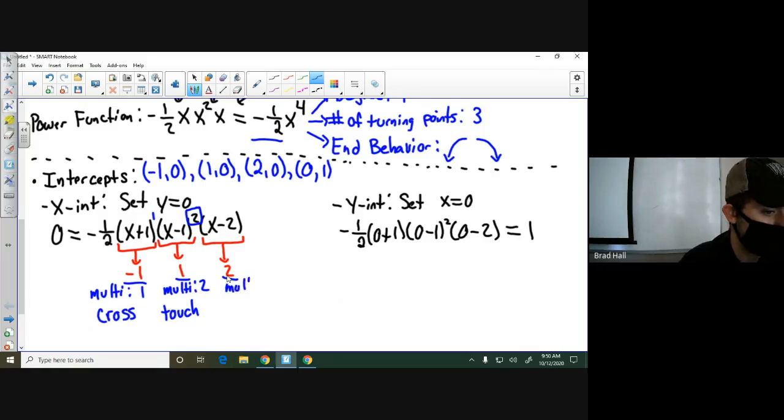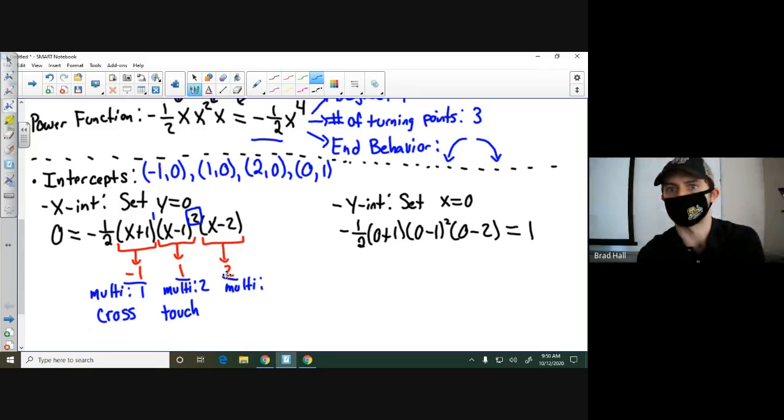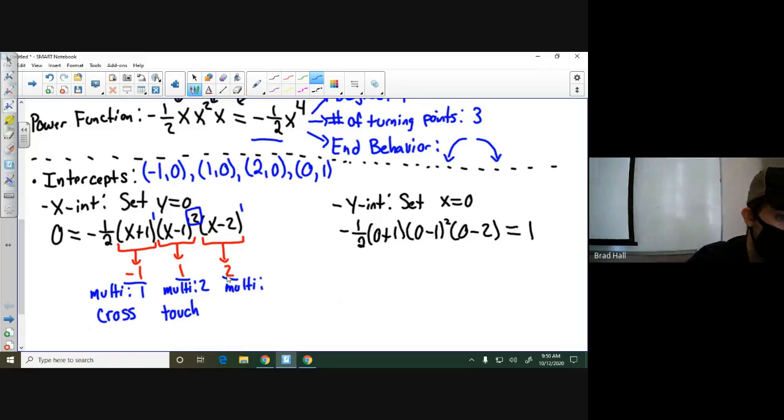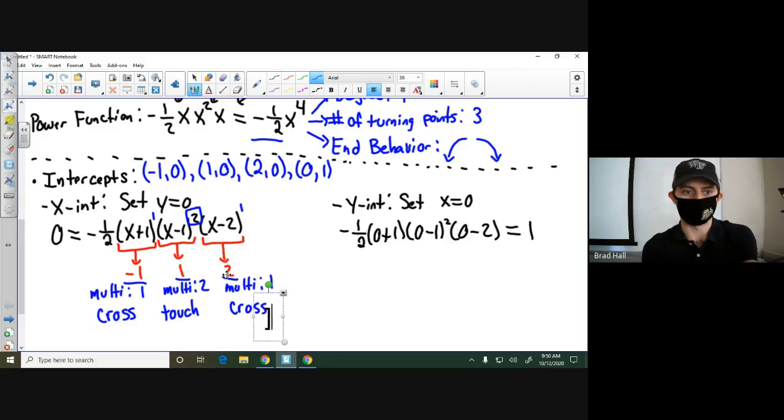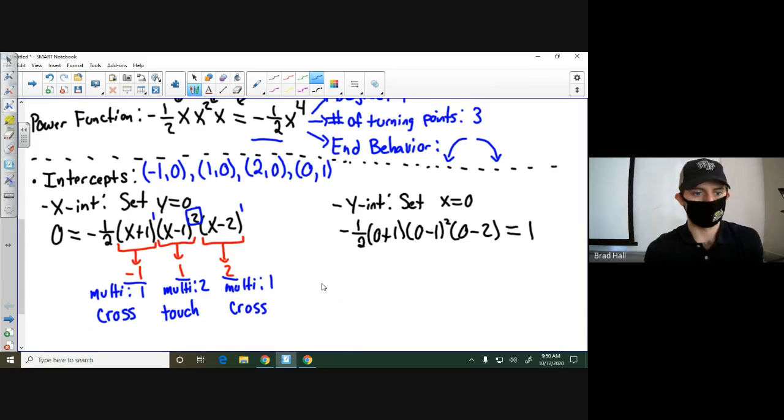And then finally, for 2 here, what's the multiplicity or the exponent of the factor? It's understood to be 1. 1 is an odd number, so this would cross. So now we have all of the pertinent information required to graph this function.